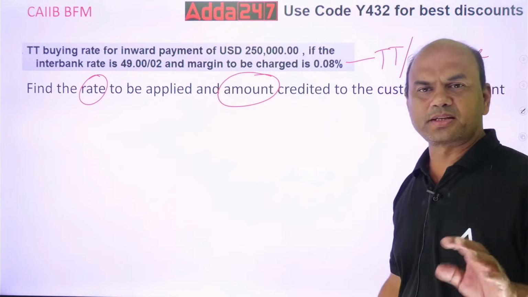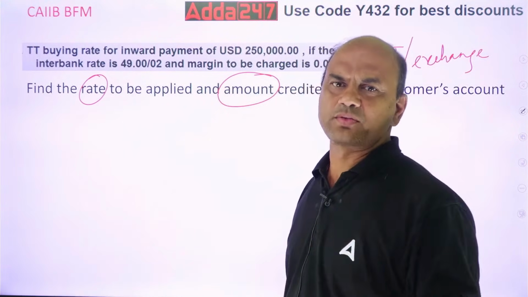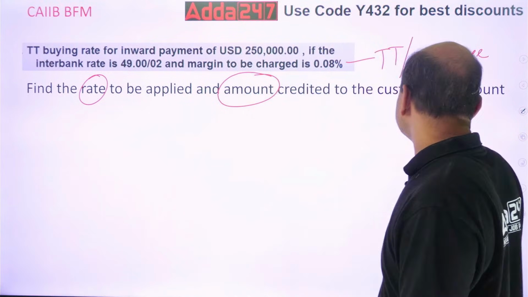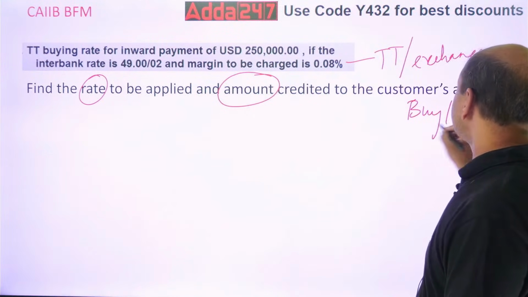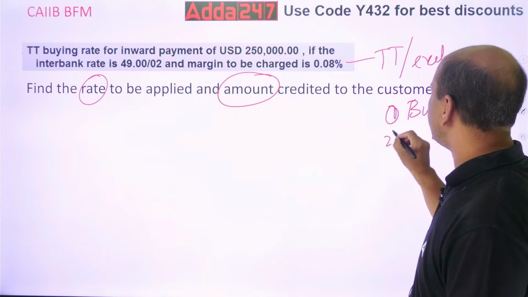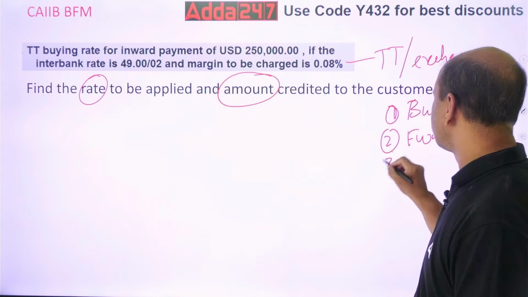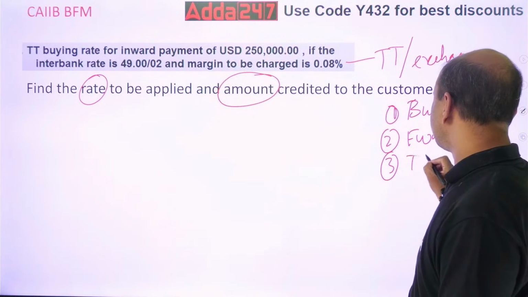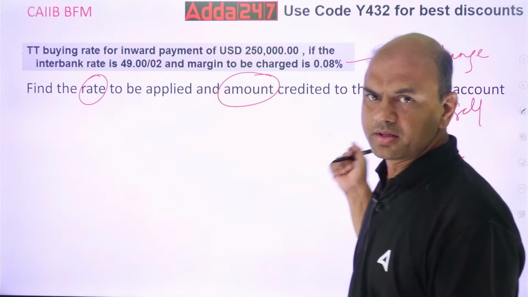Both names are same. Follow the same sequence again. Don't change the sequence. First, buy or sell. Second, forward margin. Third, TT margin or exchange margin. These are the three steps.